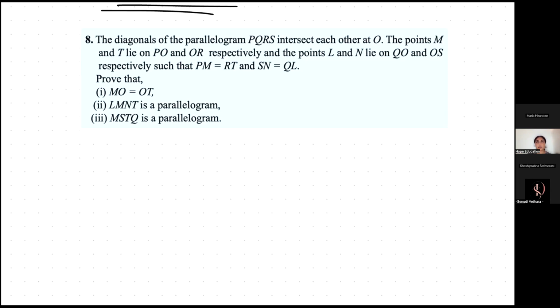So August, September, October, November, and around the first week of December we will start grade 11. That's how the plan goes. So let's keep those in mind and make sure that we are aligned with that. I will make sure that you receive all the recordings and I will give you some milestones, like do this on this day, do this on this day. So yeah, let's do it that way. 7 and 8 questions we'll discuss the next day.